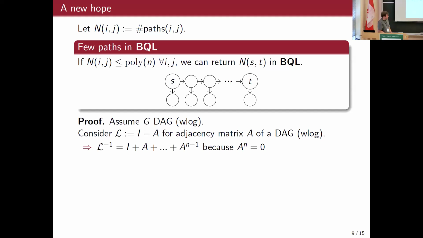But it turns out to be useful to define it like this, because we find that the inverse of this matrix L is equal to this truncated Neumann series. Because if the graph is a DAG, we know that the adjacency matrix is nilpotent.